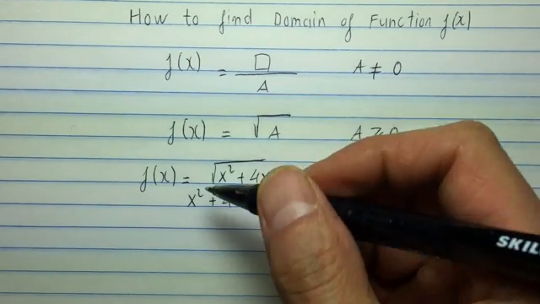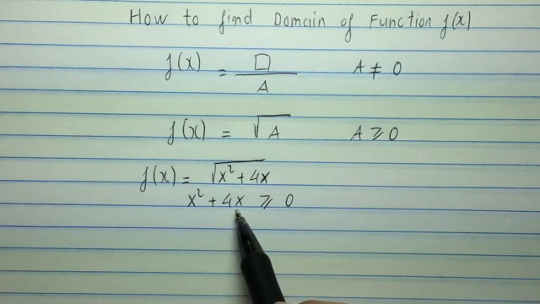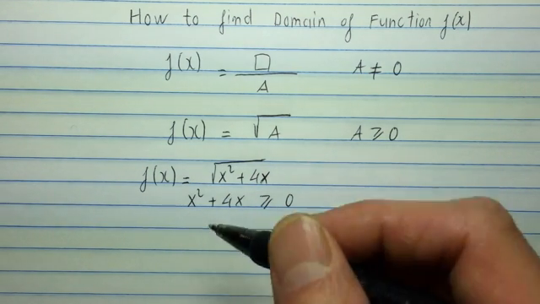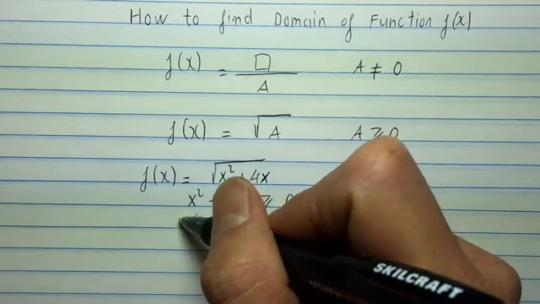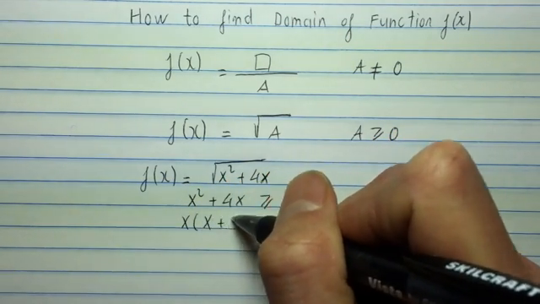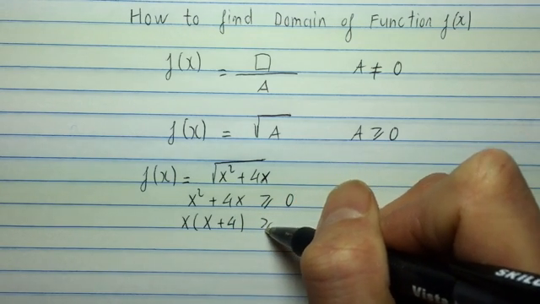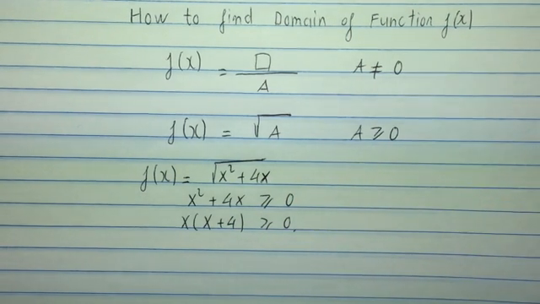I see x is a common factor, so I take the x out. Inside the bracket I have x plus 4, so x times (x plus 4) is greater than or equal to 0.